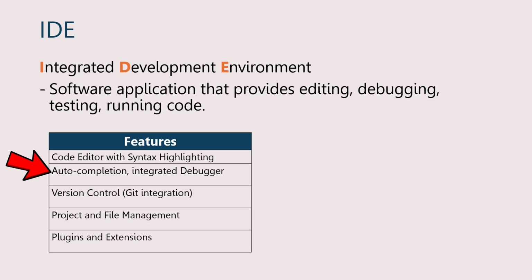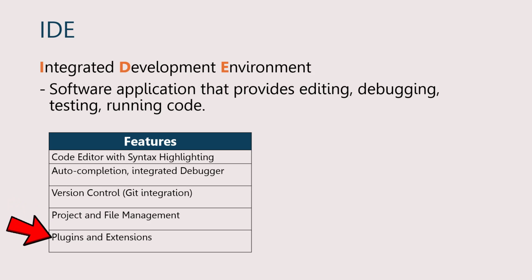It also has version control by default, so we can integrate with GitHub, Bitbucket, etc. It has very good file management and project management, so if your application has a lot of projects, modules, and configuration files, then an IDE is the best choice for you.